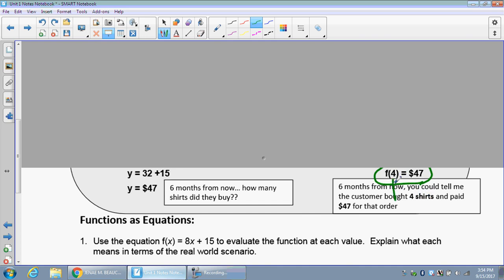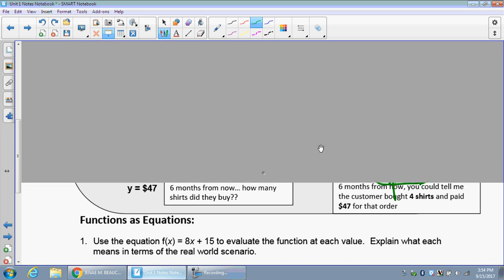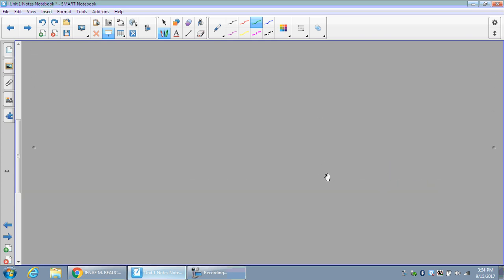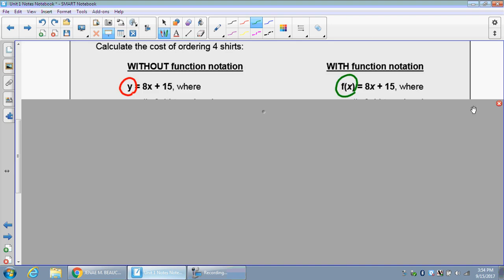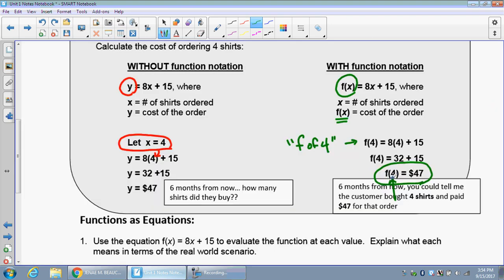And if you look right there, I have kept track of my input. I kept track of what I plugged in. This says f of 4 equals 47. So I could say, hey, 6 months from now, I know I bought 4 shirts. So that is the big idea. Function notation is a way of writing the y value where it keeps track of what we plugged in.